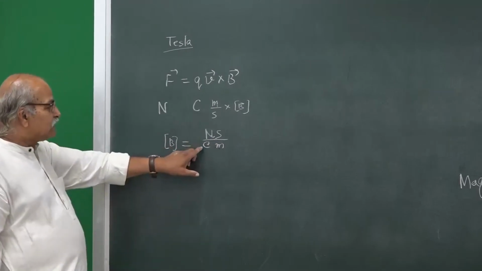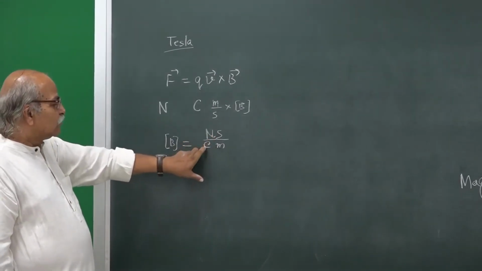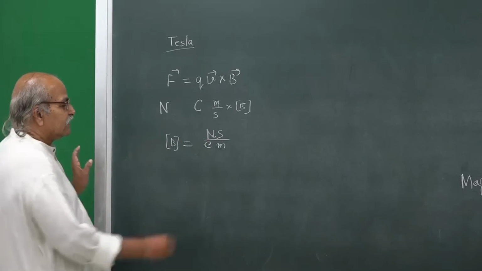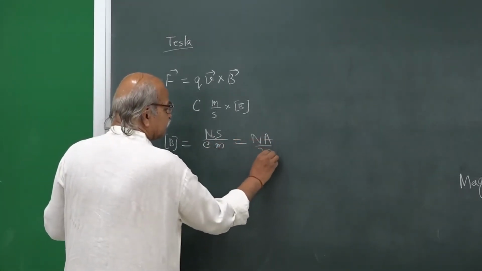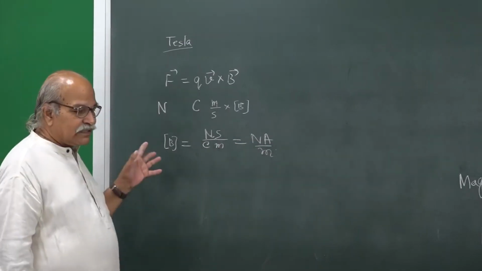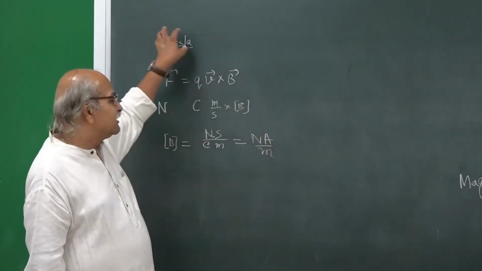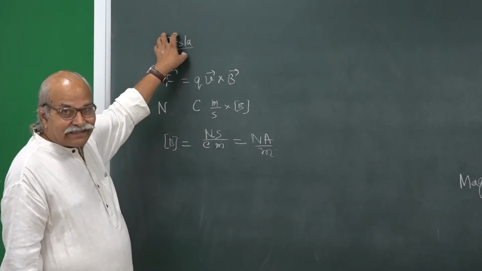And what is Coulomb by second? Coulomb by second is current. So, this is Newton per ampere per meter. That is the SI unit, and this is given a separate name, that is Tesla.